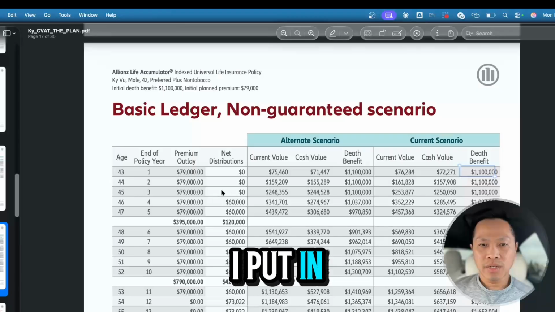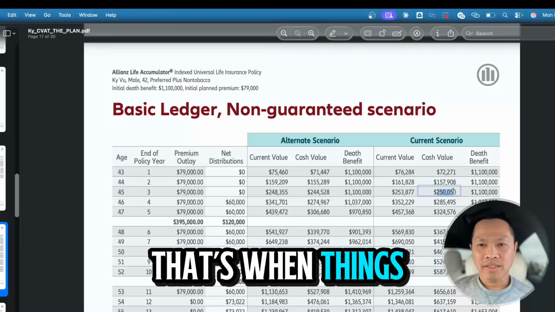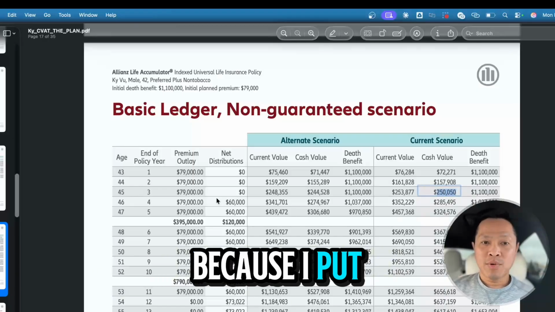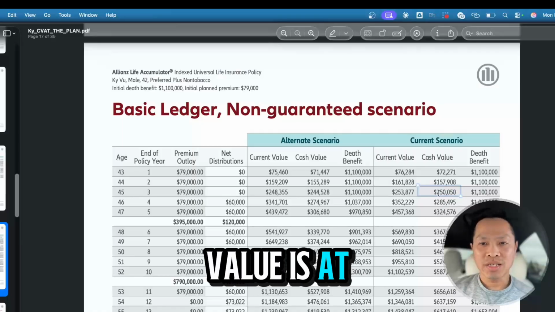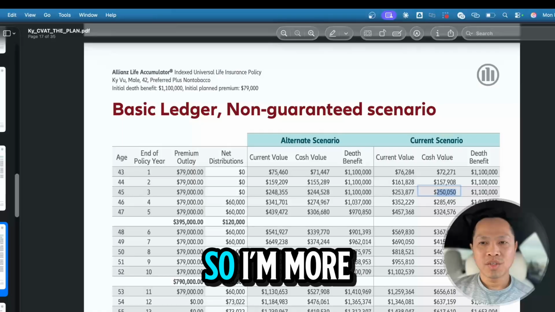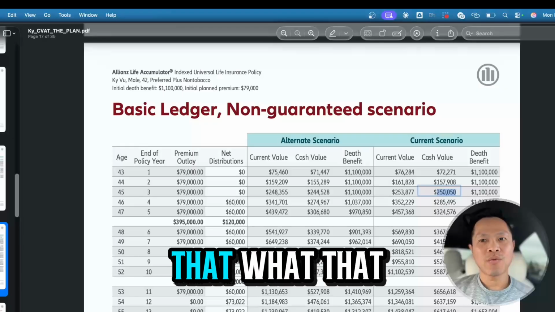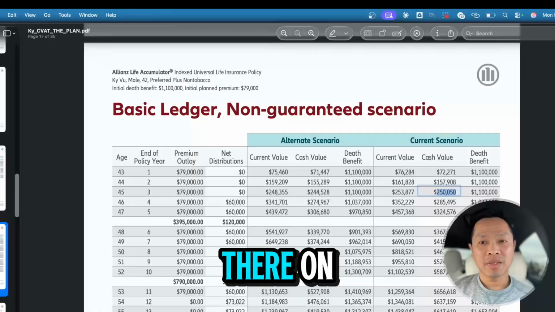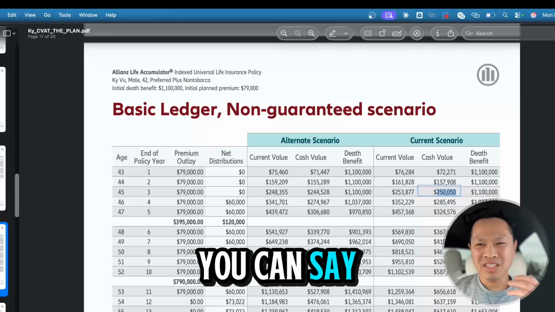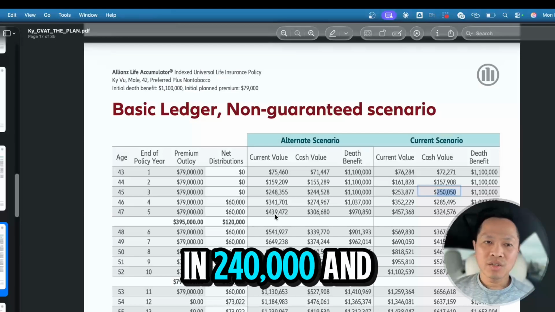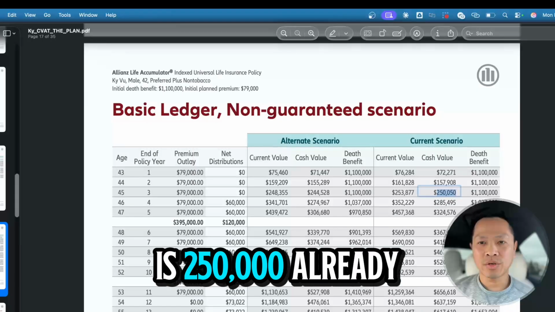The first 3 years I put in, and as you can see, after year 3, that's when things get exciting, right? Because I put in basically 240,000, but my cash value is at 250,000. So I'm more than break even already in year 3. So you know what that means, right? From there on, the fees are basically sort of free, because I put in 240,000 and my cash value is 250,000 already.